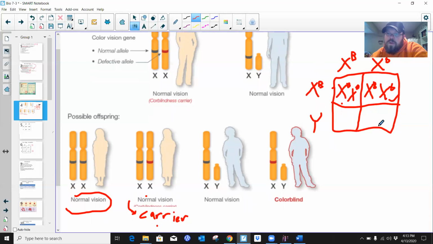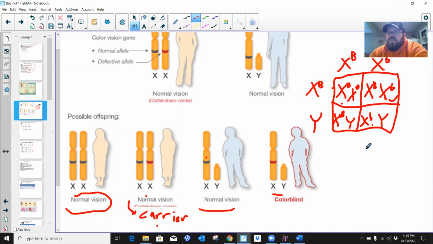So in this case right here. On the male side of things, though, because males inherit only 1 X chromosome, you would end up with normal vision, normal allele, and then color blindness here, having inherited only 1 copy of the defective allele.